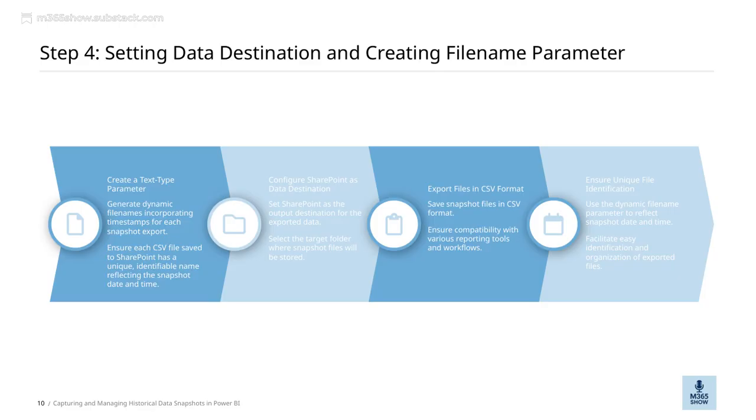Finally, we create a text type parameter to hold this dynamic file name, tying everything together. This setup ensures that each export is not only organized, but also automatically labeled in a way that saves you time and reduces confusion. This step is all about making your data snapshots both manageable and meaningful.